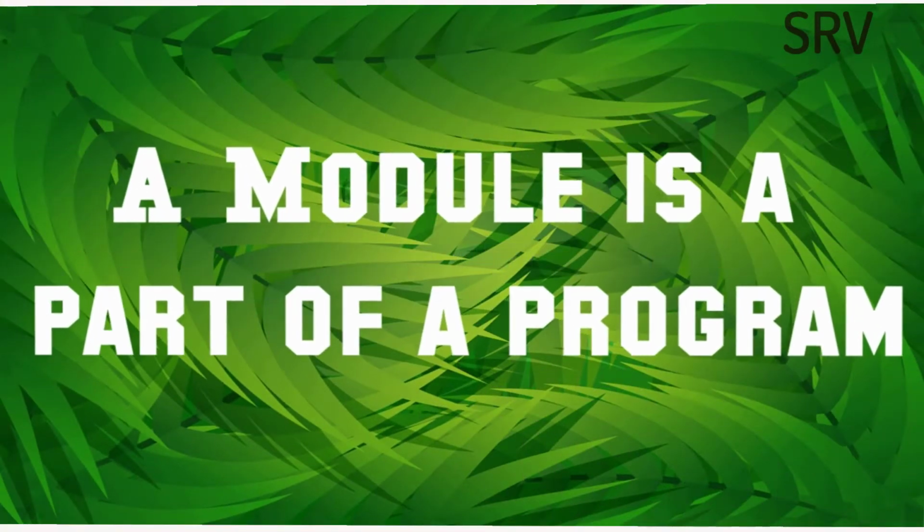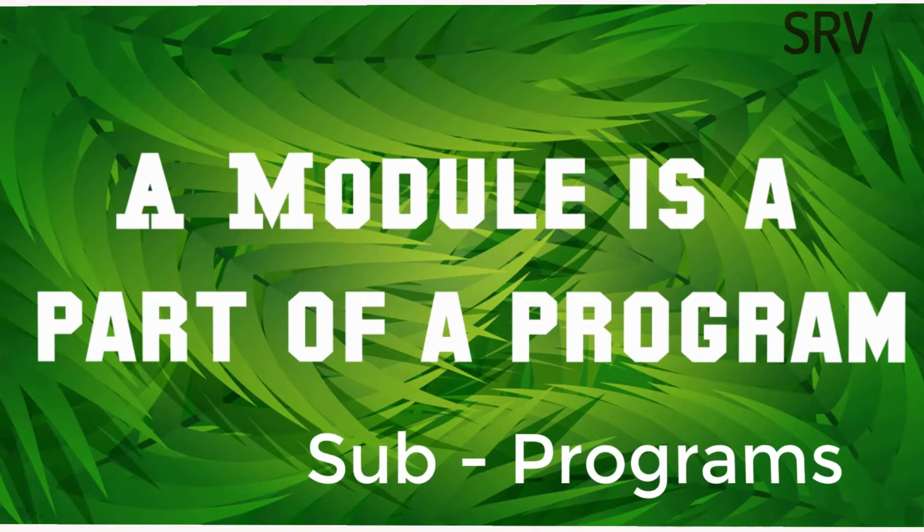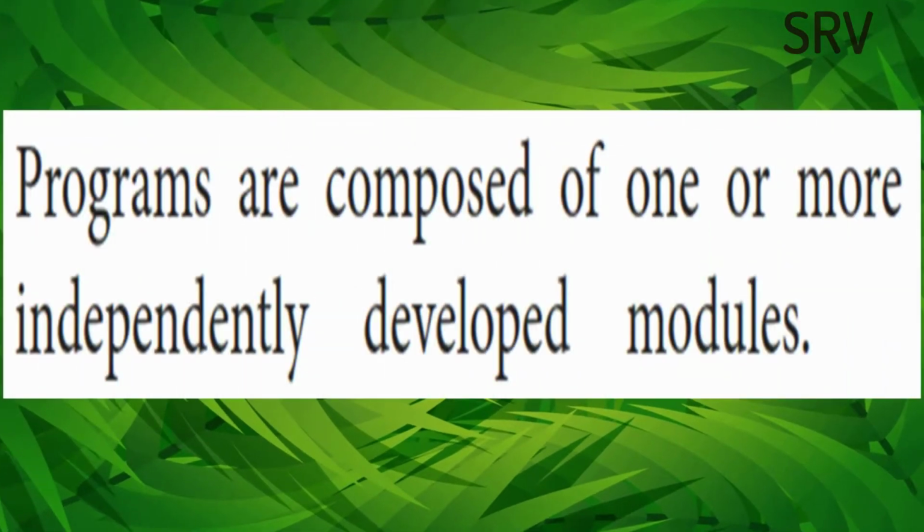In our book, the definition for module is given as: a module is a part of a program. Then we can say that the parts of a program are nothing but the subprograms. The next line in the book is: programs are composed of one or more independently developed modules.